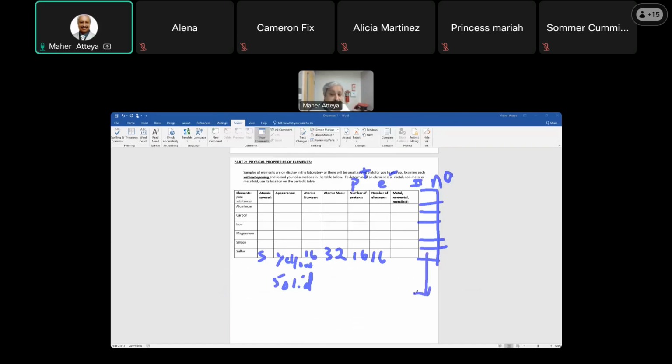It turns out to be the 32 atomic mass minus the number of protons, because atomic mass is the mass of the number of protons plus the number of neutrons. Electrons are so tiny, they are not part of atomic mass consideration. So 32 minus 16 will be what? 16. So you write here 16.